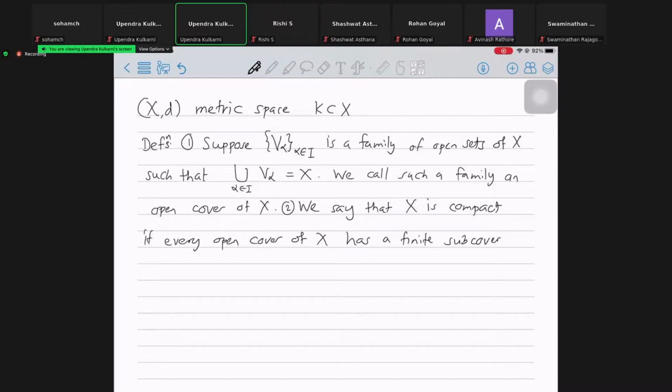This is an extremely useful notion, as you will see, not in just this course, but in multiple courses.